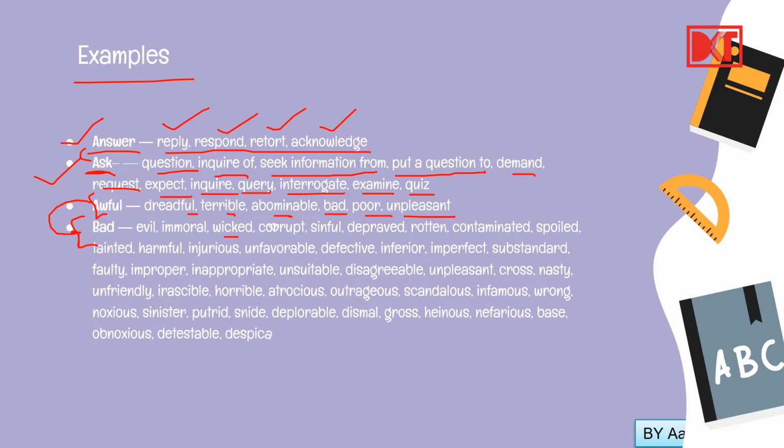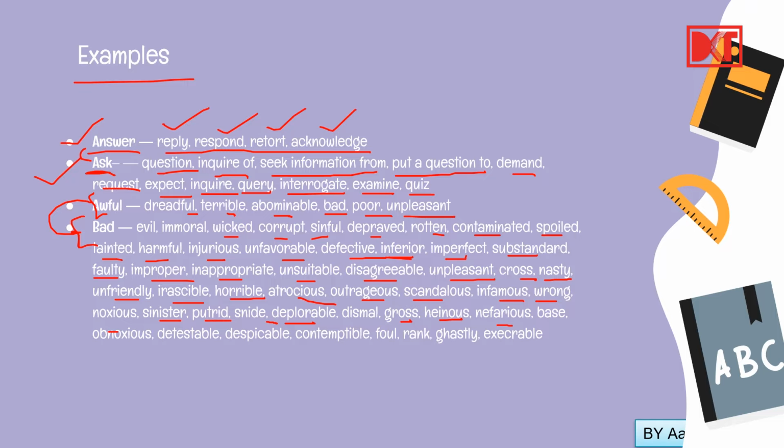Evil, immoral, wicked, corrupt, sinful, depraved, rotten, contaminated, spoiled, tainted, harmful, injurious, unfavorable, defective, inferior, imperfect, substandard, faulty, improper, inappropriate, unsuitable, disagreeable, unpleasant, cross, nasty, unfriendly, irascible, horrible, atrocious, outrageous, scandalous, infamous, wrong, noxious, sinister, putrid, snide, deplorable, dismal, gross, heinous, nefarious, base, obnoxious, detestable, despicable, contemptible, foul, rank, ghastly, etc. Here you see all these could be the synonyms of each other.